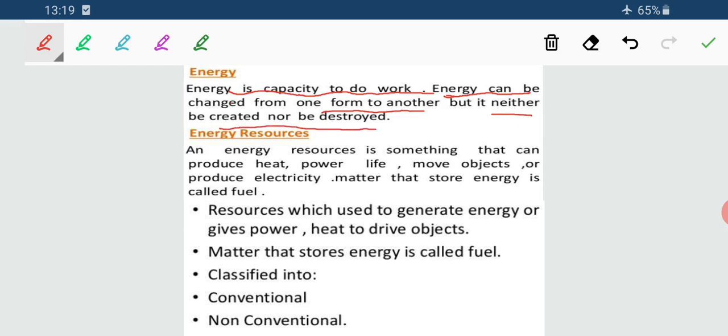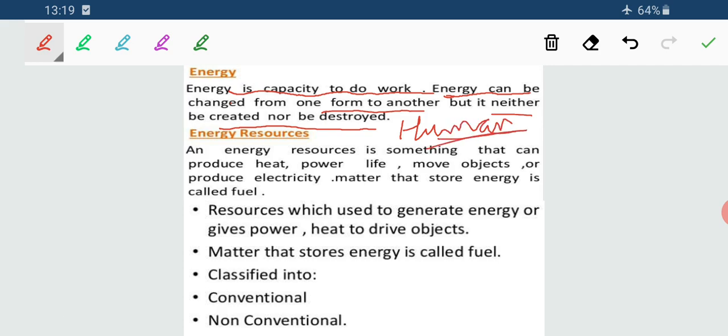Now, neither be created nor be destroyed, what does this indicate? When I am talking about the human body, when we are getting our food, it is within our own natural processes that energy is being created, and it is not destroyed.